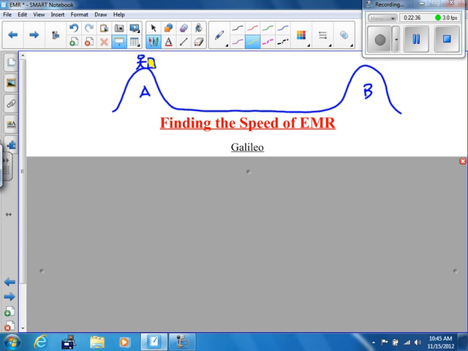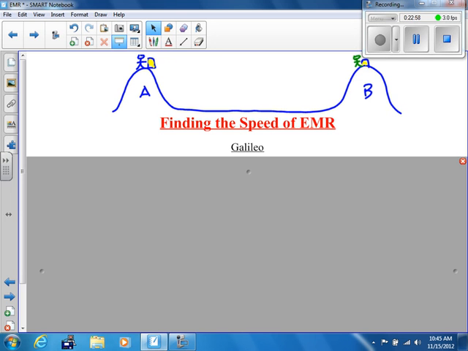That lamp is going to be covered up with a piece of cloth so that you can't see that lamp. You're going to be standing over here with another lamp. It's going to be covered up with a cloth. So I'm not going to be able to see your lamp. You're not going to be able to see my lamp.